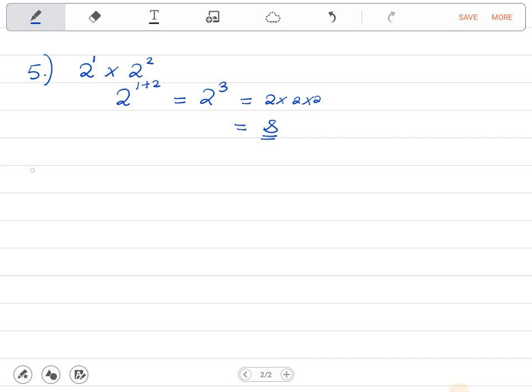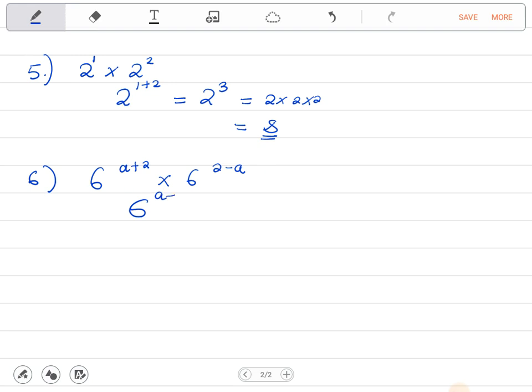Alright, so next, question 6. We have 6 to the power a plus 2 multiplied by 6 to the power 2 minus a. Let us evaluate this. Same bases, we get the common base, then we add the powers as long as you are multiplying them.